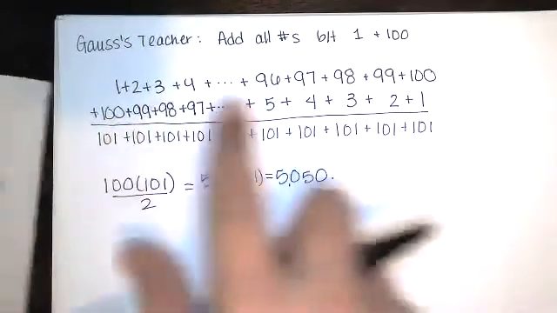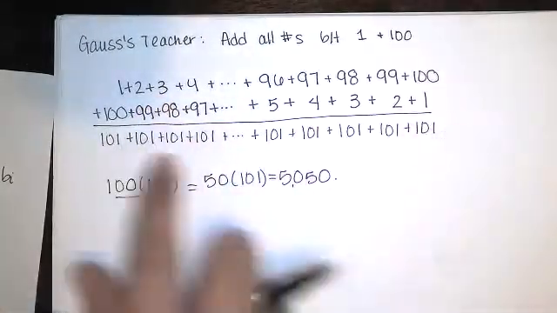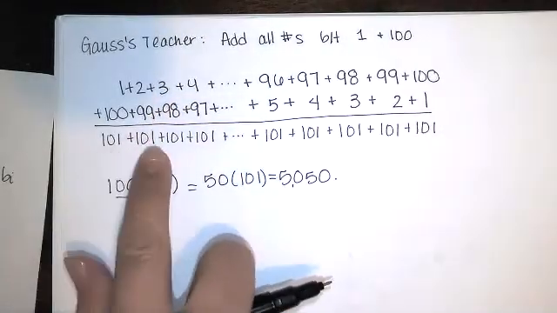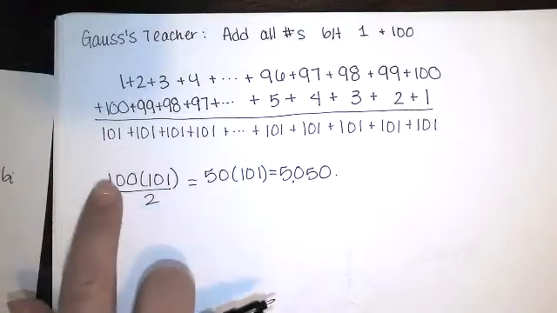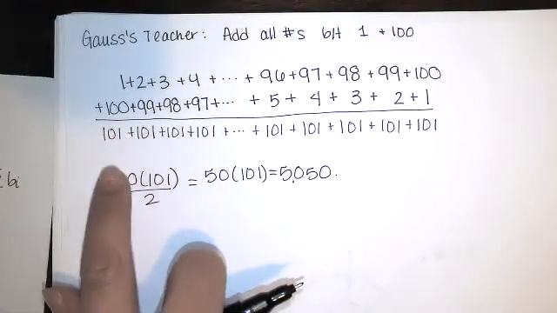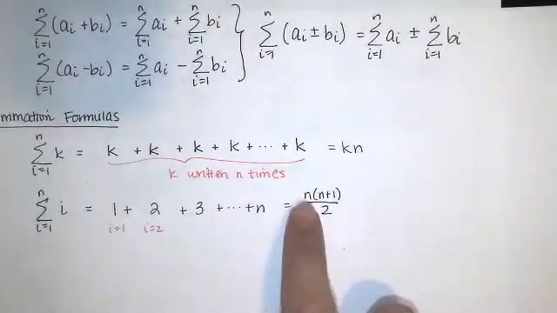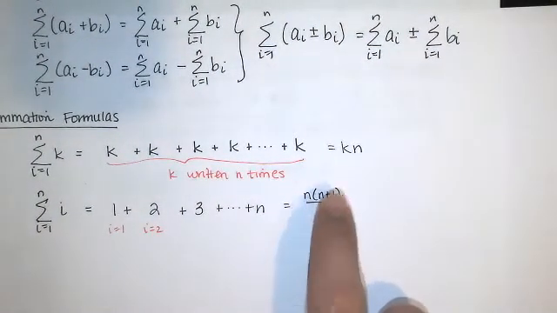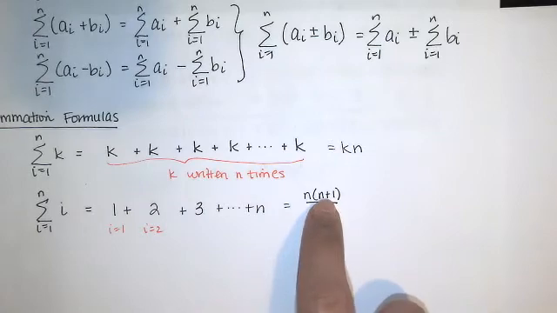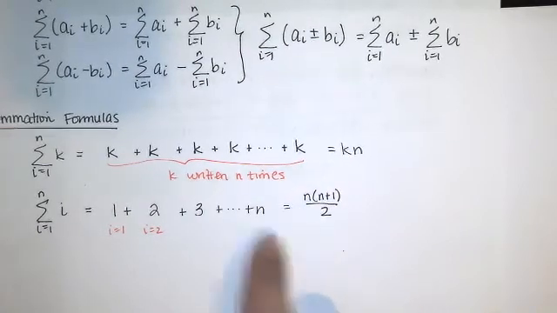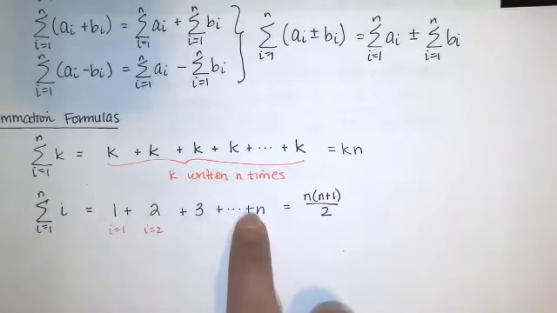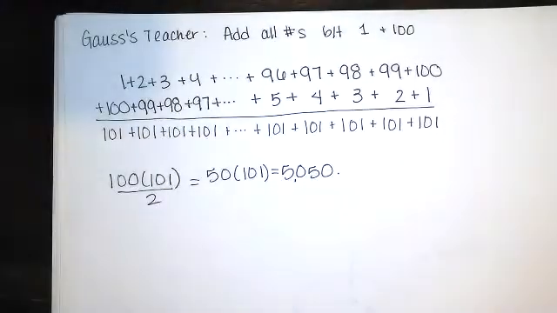N was 100, so I've got 100 columns, and in each column, the sum is 101, but that's going to be twice what I need, so I need to divide it by 2. So he says, you've got n columns. In each column, the sum is n plus 1. Take that and divide by 2, and that's the sum of all the numbers between 1 and n. So that's what Gauss supposedly did.